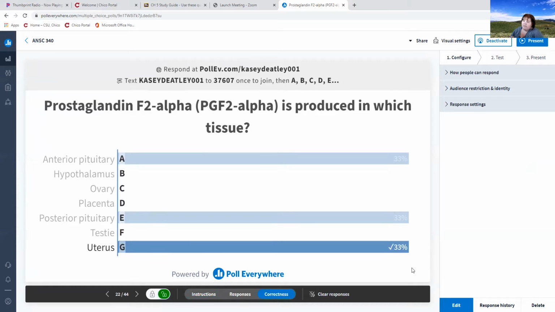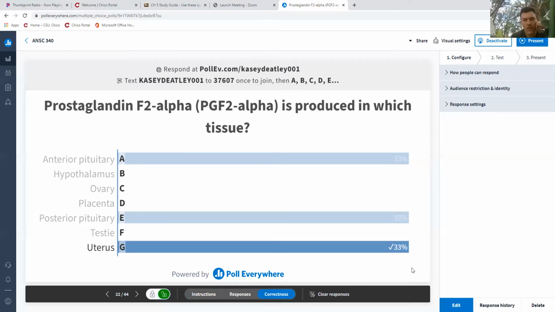It's produced in the uterus, and it travels to the ovary to kill the CL that's on the ovary. This happens about 15 days after ovulation in cattle and horses, but at day 12 or 13 in sheep.